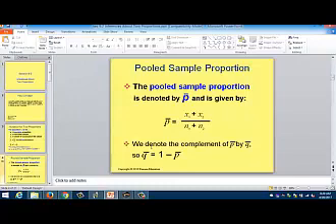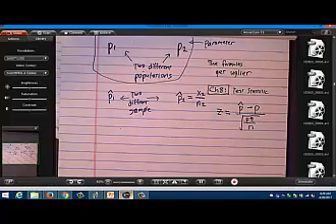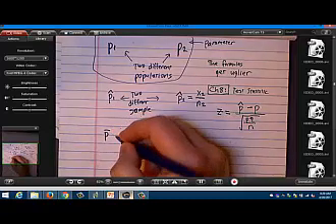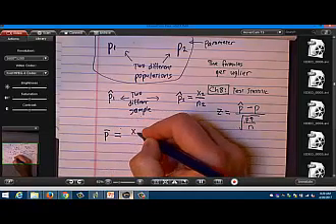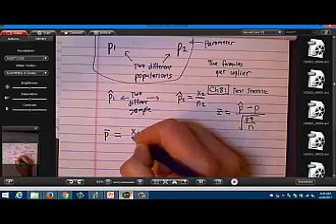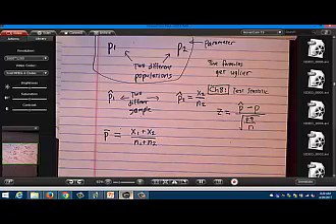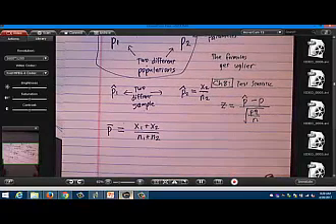Here's something new finally. P bar, the pooled sample proportion. P bar equals x1 plus x2 over n1 plus n2. So in my example, maybe I can compute one over here.